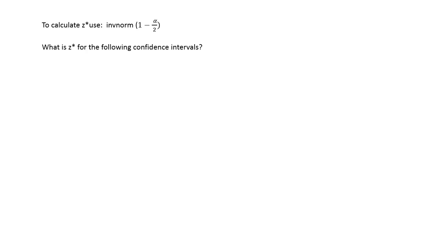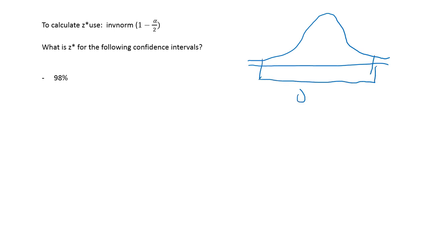So how do we calculate this z star if it is not the 90 or 95 or 99%? Well, let's go back to talking about what we had a minute ago. If we have this normal distribution and we want to find the multiplier for a 98% confidence interval, that means we're talking about an interval that contains 98% of data.